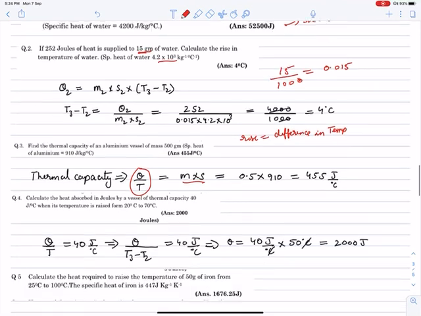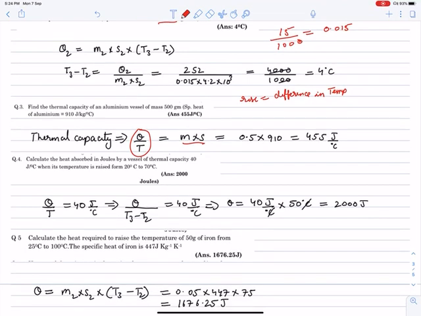Celsius. Next, calculate the heat absorbed in joules by a vessel of thermal capacity 40 joule per degree when its temperature is raised from 20 degrees Celsius to 70 degrees Celsius. So you have to calculate the heat absorbed.